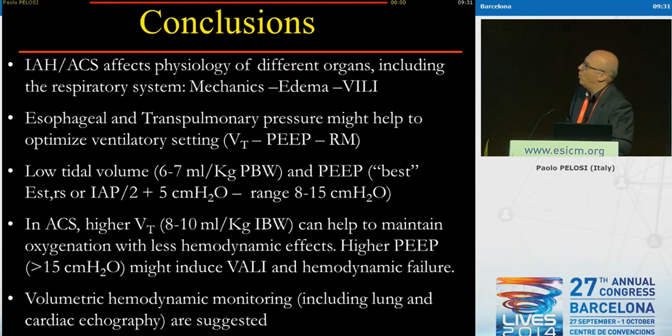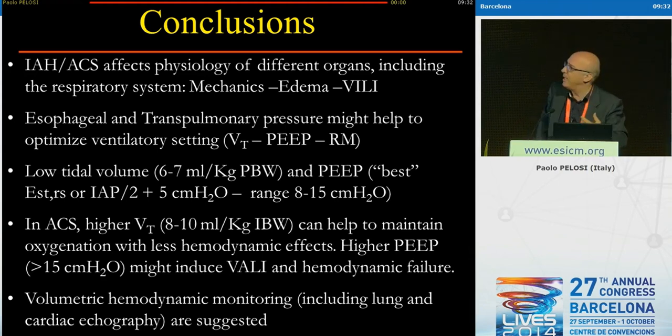So, to conclude, intra-abdominal hypertension, or even more abdominal compartment syndrome, markedly affects the physiology of different organs and mainly the respiratory system in terms of mechanics. I showed you the effects on the airway pressure and chest wall, the edema and ventilator-induced lung injury. Esophageal transpulmonary pressure might help to optimize the ventilatory setting in these patients.